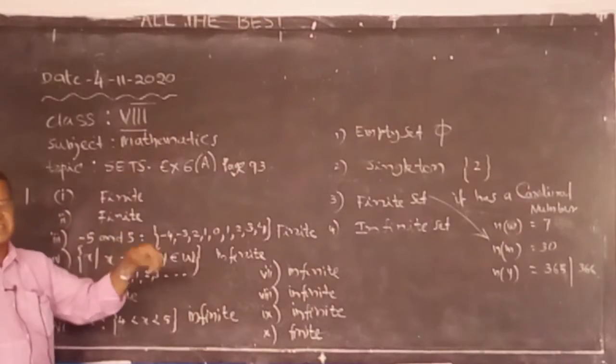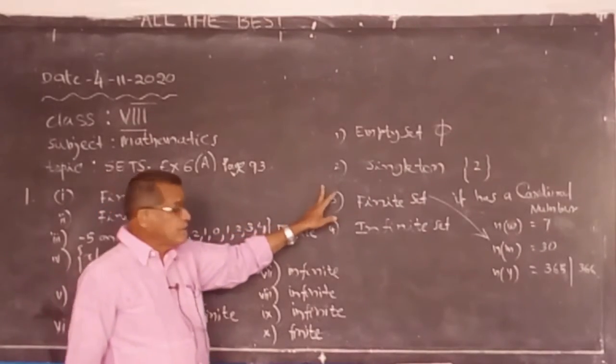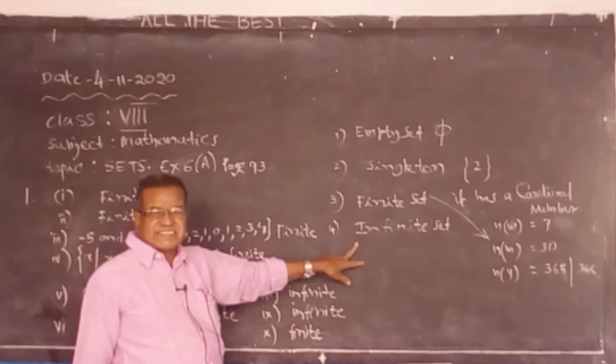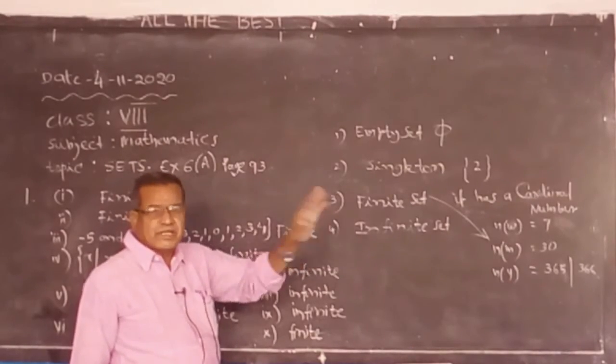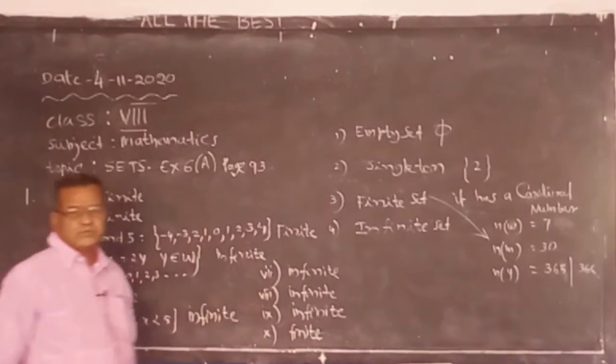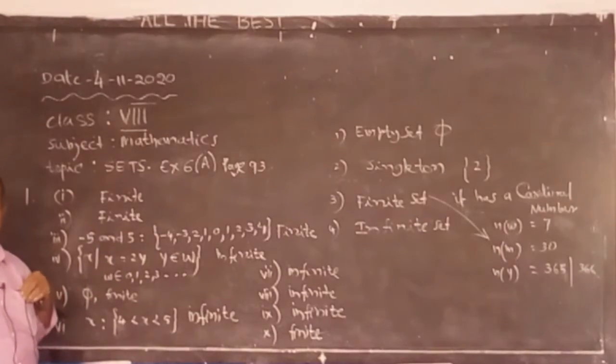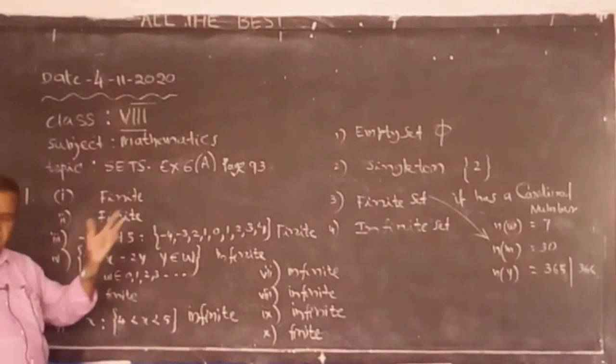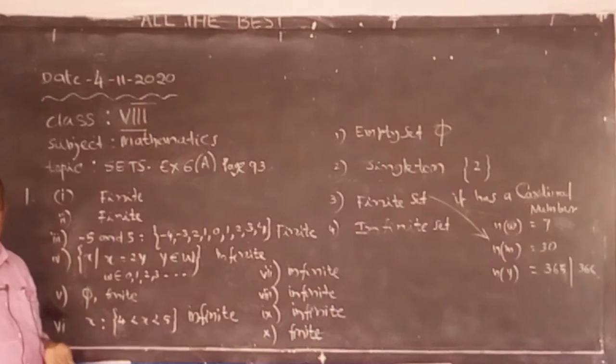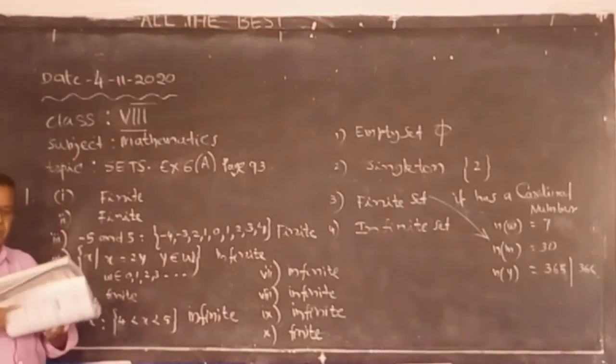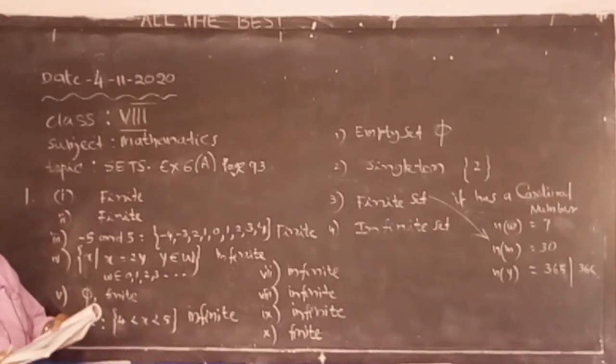Beginning is there, ending is there in finite. Whereas in infinite, beginning is there, but there is no ending. You cannot count, so many numbers are there. Right. Read the problems and write again.